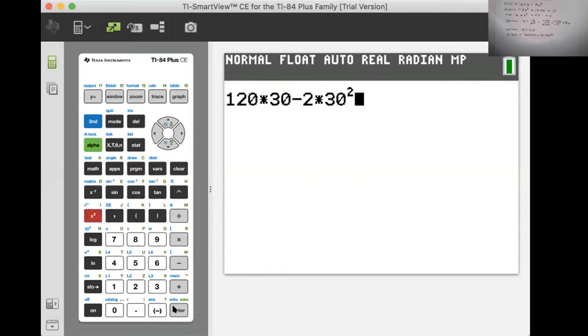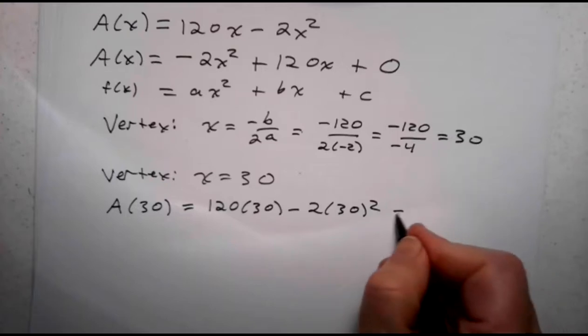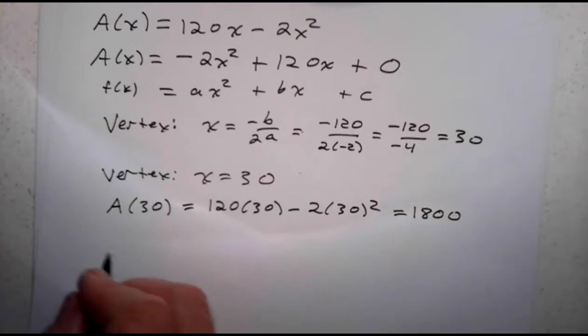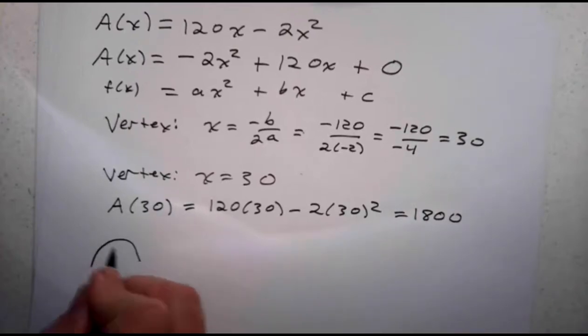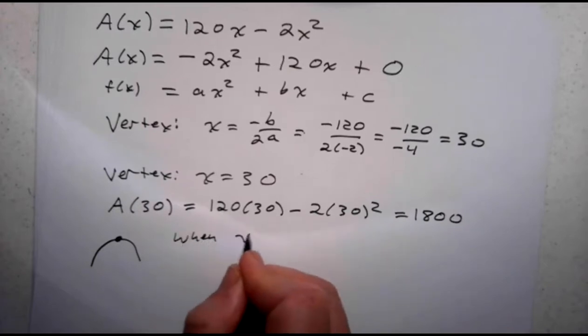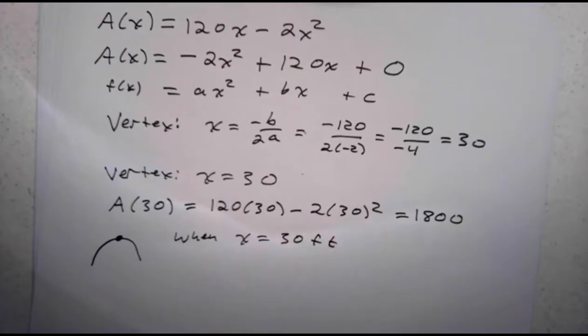What do I get? We get 1800. So A of 30 is 1800. So remember, that's our vertex. So in this situation, when x is 30, and I believe that's feet are our units here, the maximum area would be 1800 square feet.